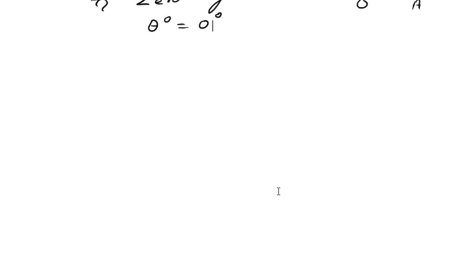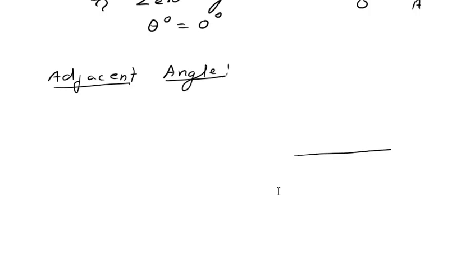Now adjacent angle. Next topic is adjacent angle. What do you mean by adjacent angle? So here in adjacent angle we are talking about two angles. When in two angles we have one ray common, okay, angles are formed by rays. So this is angle AOB.